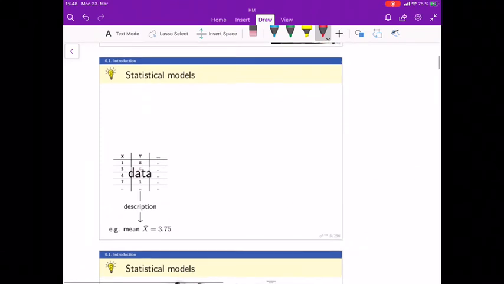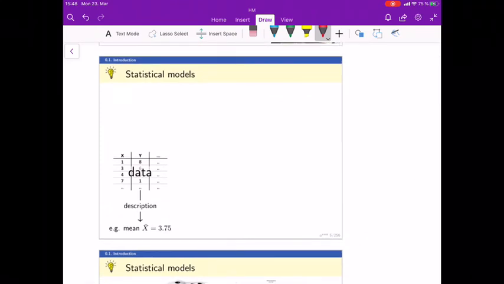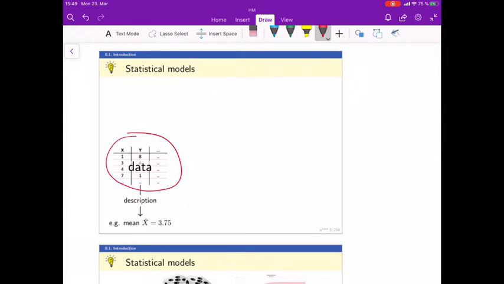So let's abstractly look at this. This is just the broad overview over the whole thing. So we talked about data, and our first step will be we're going to take the data and describe what we see. So we talked about the mean value.